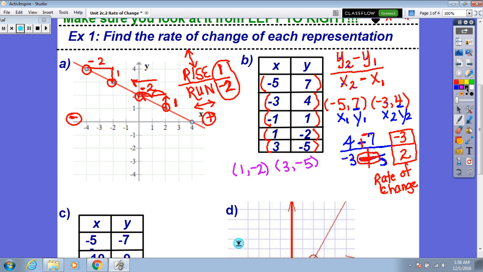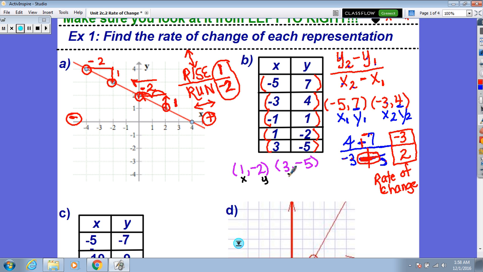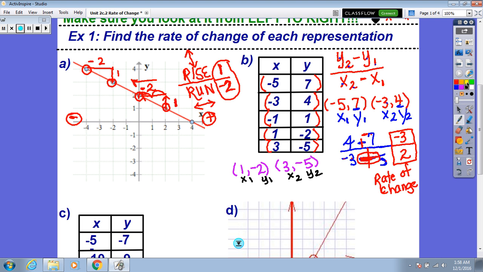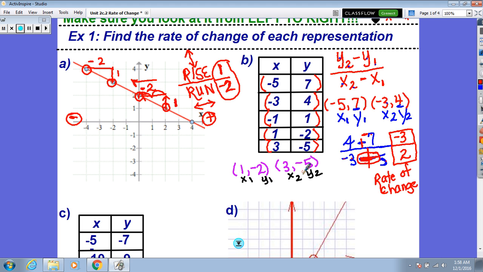So I go through and I label x and y, x and y. These will get 1s, these will get 2s. Okay? And then I set up my equation and subtract the numbers. So I will have y2, -5, minus y1, -2.